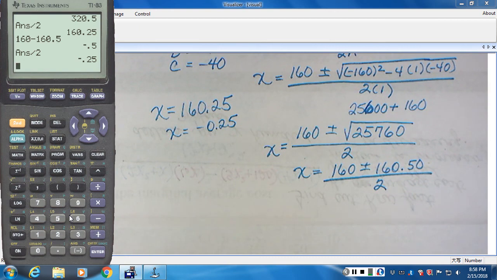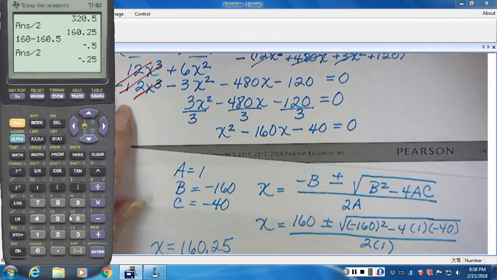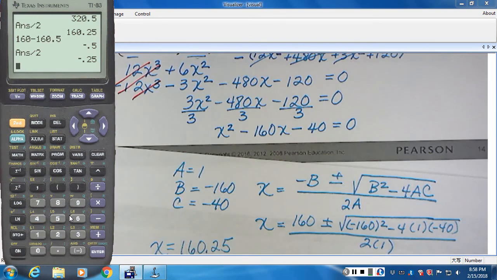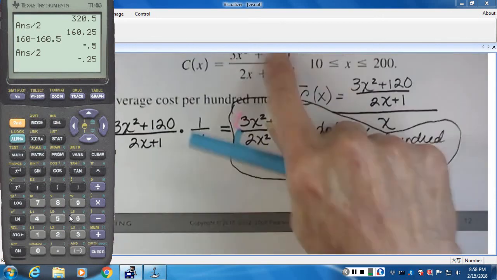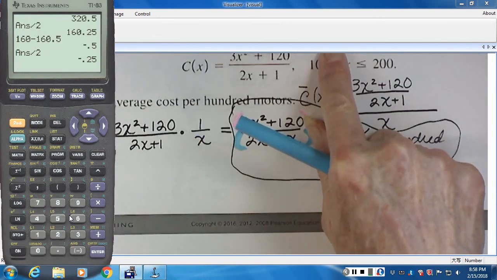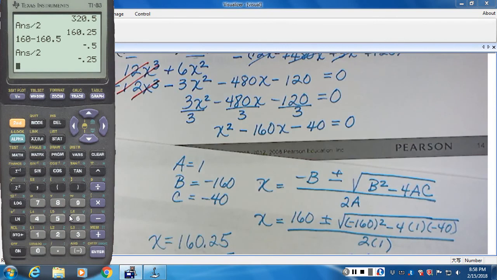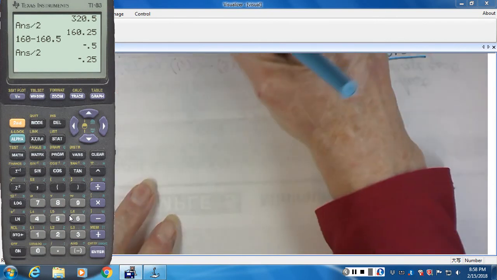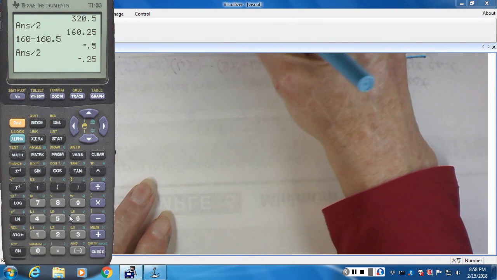So we need to look back at the units and see what the actual units were. And that's X hundred. That's X hundred motors.